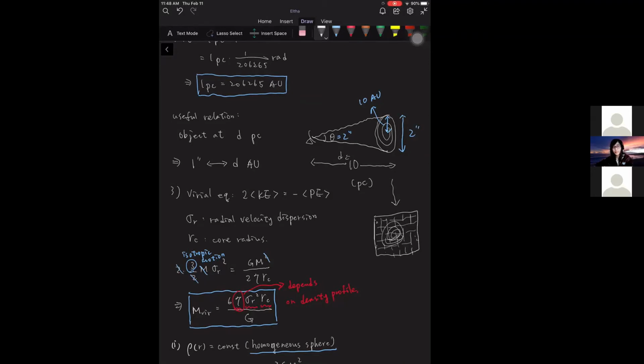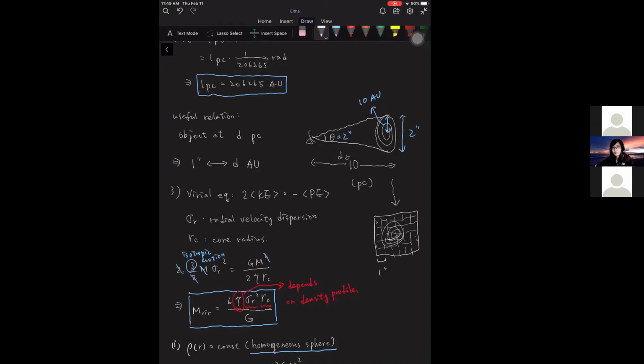If the angular resolution of our observation is 1 arcsecond, then probably the pixel size here is 1 arcsecond. On the image, if the diameter of this galaxy is about 4 pixels, that's probably 4 arcsecond. But what is 4 arcsecond in physical size? It will depend on the distance. That's why we have a direct relation between the distance and the size.